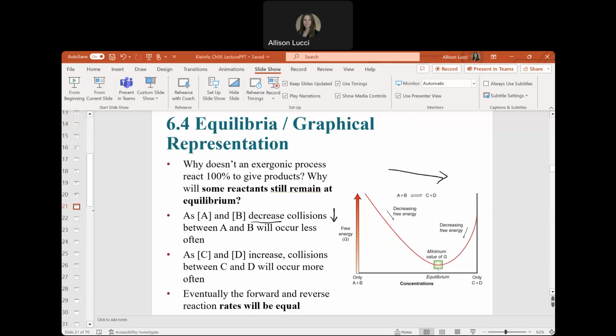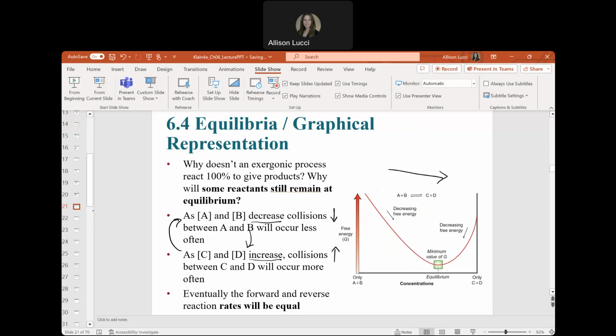So because of this frequency, we're not going to make as much C and D product. And at the same time, the concentrations of C and D will increase, right? We're creating product because we just started with reactant in this scenario. So we're increasing C and D, therefore increasing the number of collisions, and then that would produce more of A and B, right? So we're in this kind of cycle that occurs.